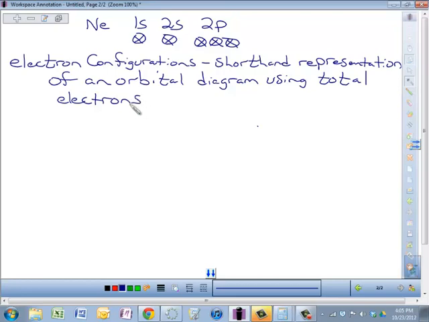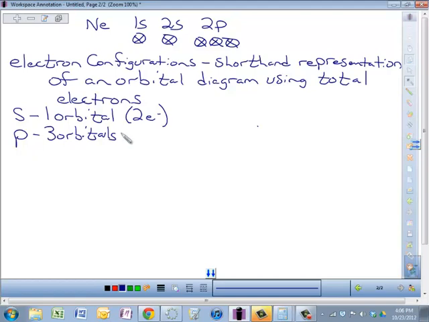Now, before we go ahead and start doing this, I want to look at an s. We said that an s only had one orbital. So in that one orbital, we have a total of 2 electrons that can be placed. In a p, we said that there were 3 orbitals, and that is the reason why you drew the 3 circles beneath a p sublevel.